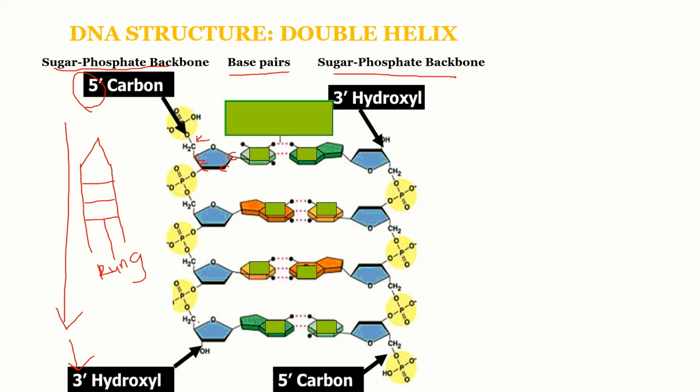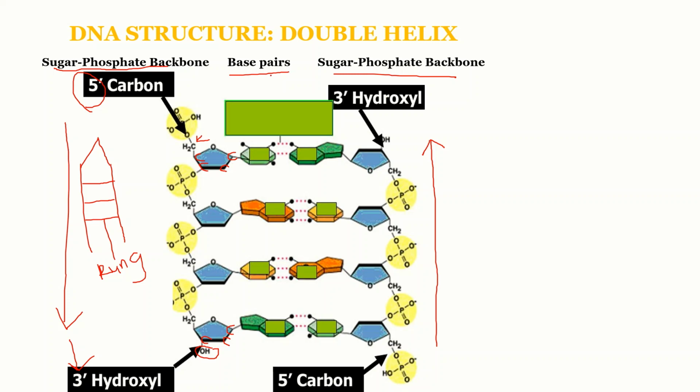And on the other side, carbon number 1, carbon number 2, carbon number 3, where we have a hydroxyl group, and that gives it 3'. And on the other side, we can see that it is running in the opposite direction, so they are antiparallel, 5' to 3'.